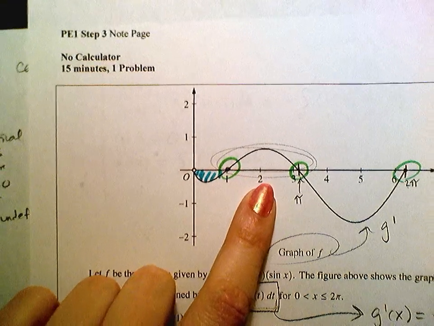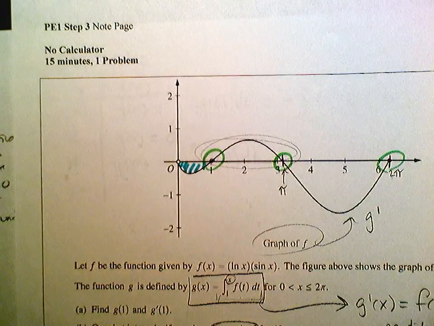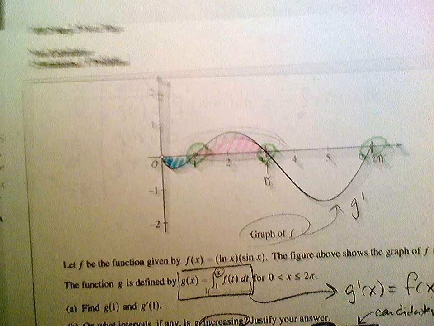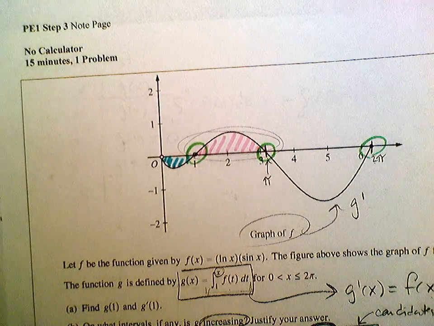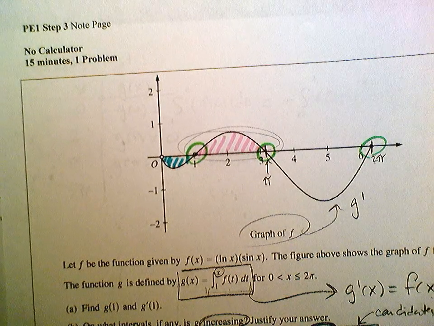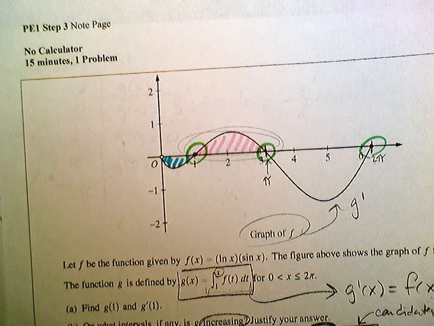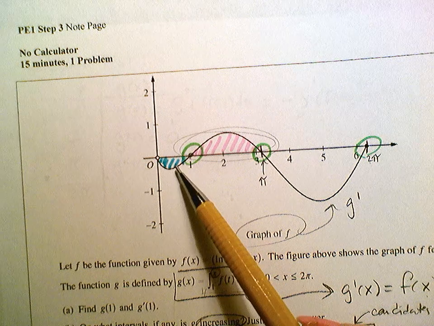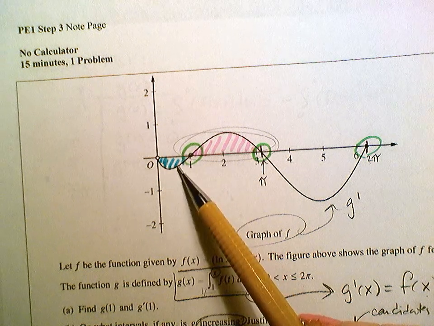So this is from 1 to pi, this pink area. Well, what can we say about that pink area? All that we can say, really, is that it's positive. We could say that it's positive, and it's bigger than this blue area.